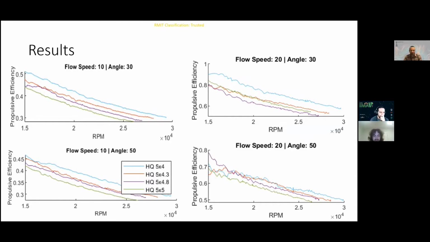Now, within the individual propellers themselves, we can see generally that the lowest pitch is almost always the best performer, and the highest pitch is almost always the worst performer, which backs up that theory that the pitches for these propellers suggest much higher forward speed.